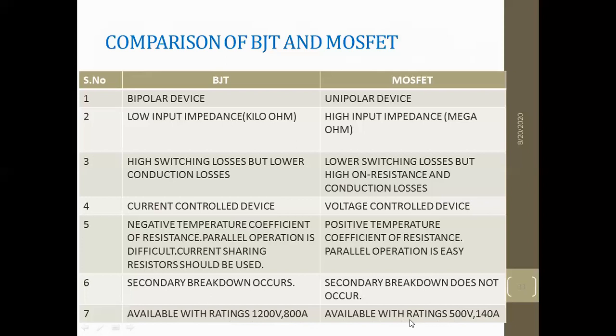In the first slide I discussed that MOSFETs are used for high switching and low power applications. These are used for low power converters, and BJTs are used for the highest power converter ratings. That is the comparison between bipolar junction transistors and metal oxide silicon field effect transistors.